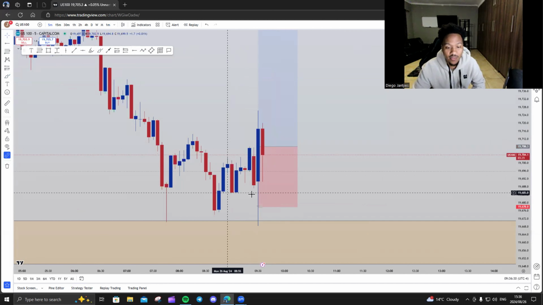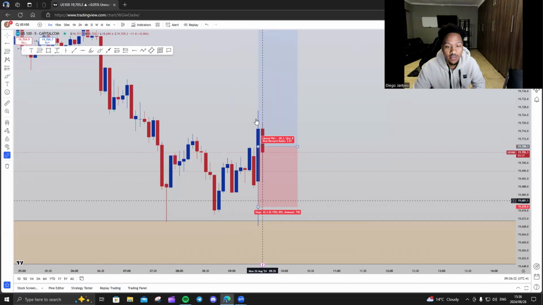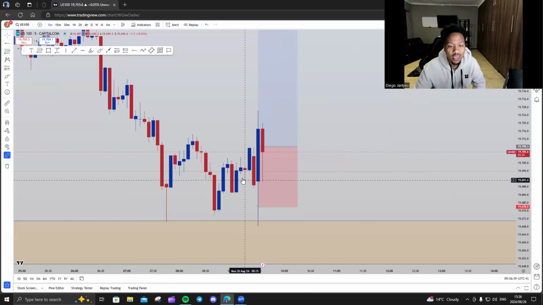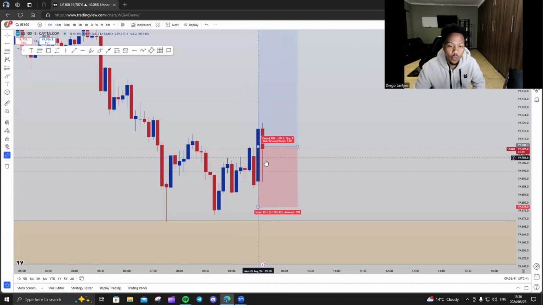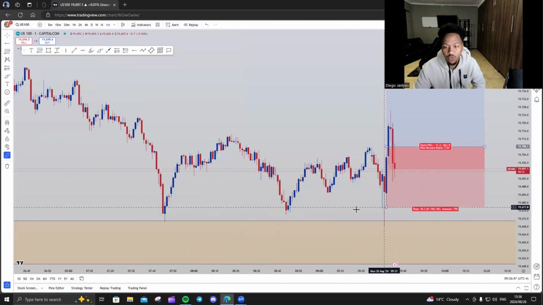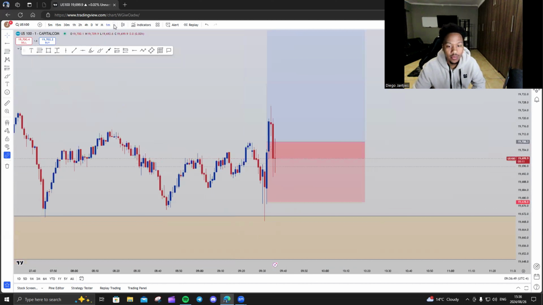There we found ourselves violating the section low. We found ourselves having a closure above as well, and we actually left a BOB as well. So that's like double confluence. Our breaker basically found itself opening up, and now currently all we are doing is retesting it so that we can have a further continuation move back towards the upside.